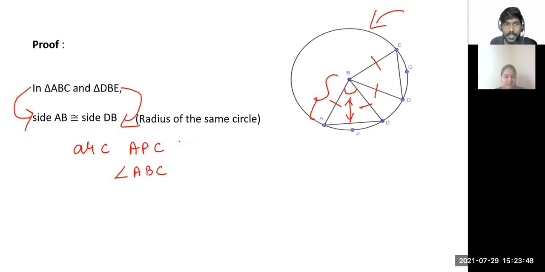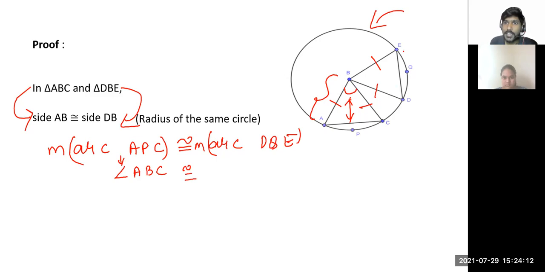It's okay. So in the question it is given that measure of arc APC is congruent to measure of arc DQE. But what is the measure of arc APC? It is nothing but the same as the central angle, that is angle ABC.